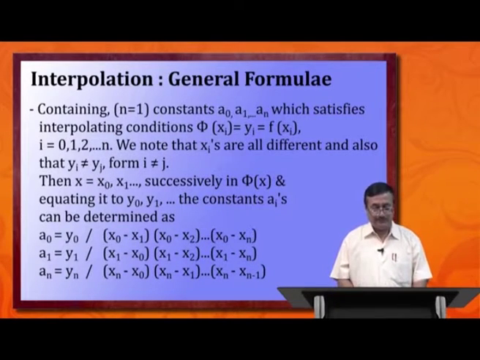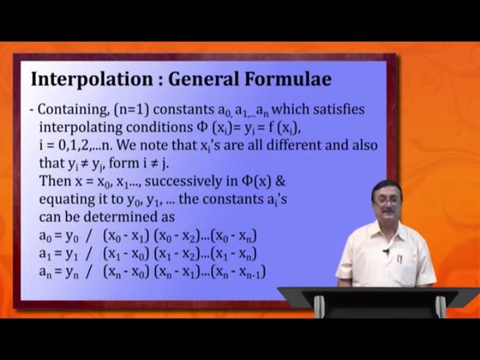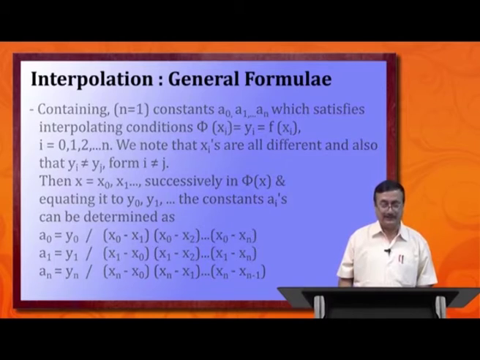Then putting x equal to x0, x1, x2 up to xn successively in phi(x) and equating to y0, y1, yn, the coefficients ai can be determined as shown in the table. This is the general formula for an, so that phi(x) becomes this equation. This is the interpolating polynomial due to Lagrange.